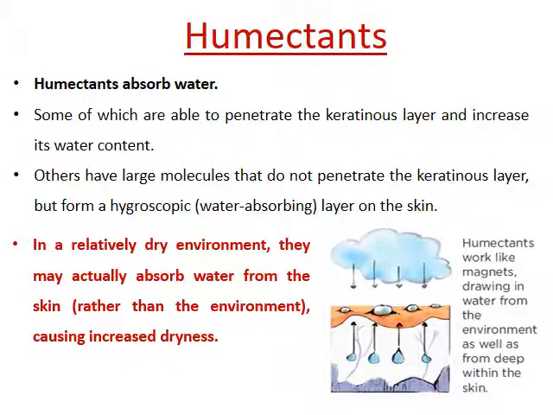As we can see in the inserted picture, the humectants are present on the skin surface. We can see that humectants act as magnets. They can draw water from the surrounding environment, or they can withdraw it also from deep skin tissues, so as to increase the moisture content on the surface of the skin.